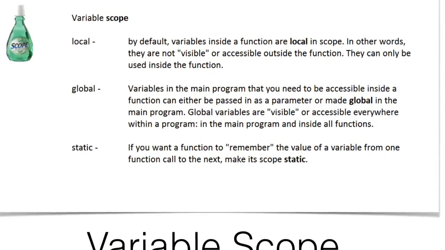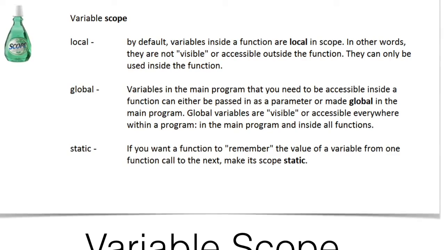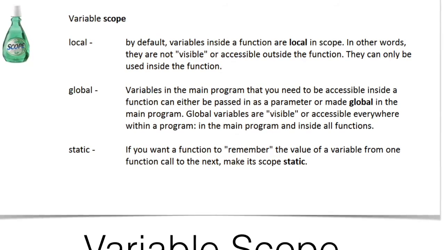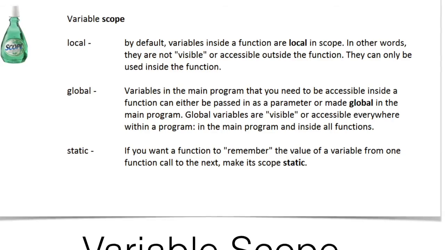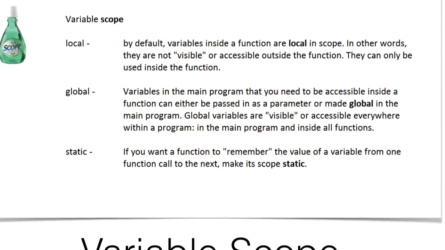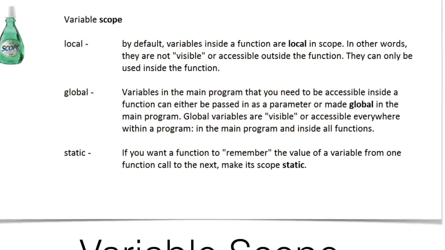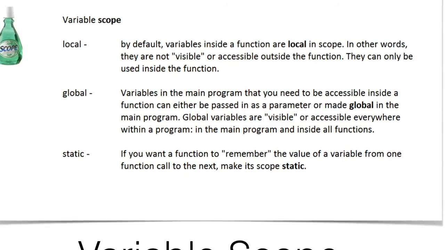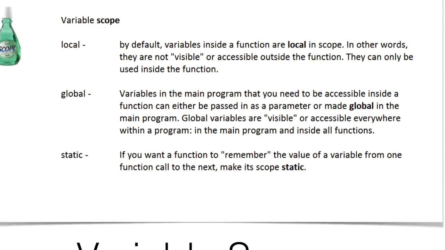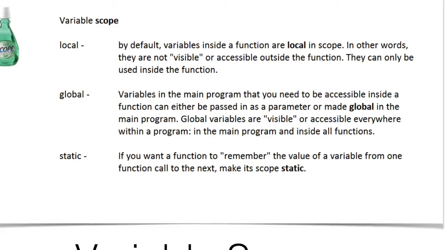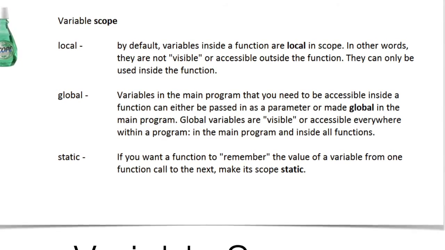And what we mean by that is the variables created inside a function are not visible or accessible anywhere except inside that function. Outside the function, they simply do not exist. In programming terms, that would be undeclared or unset.